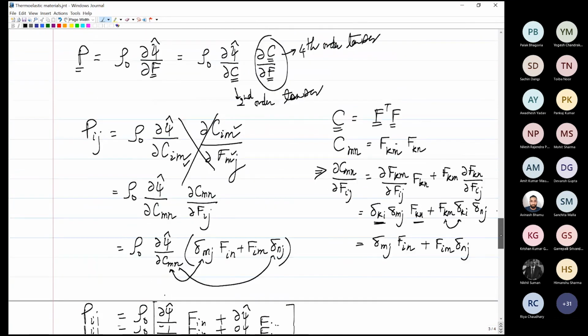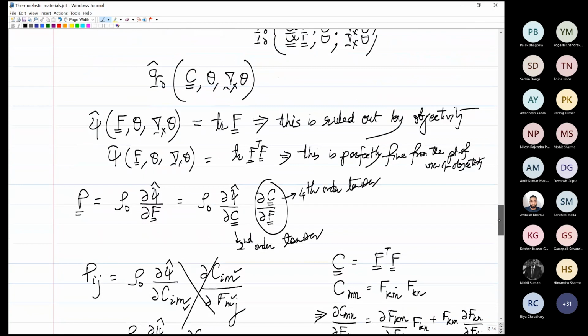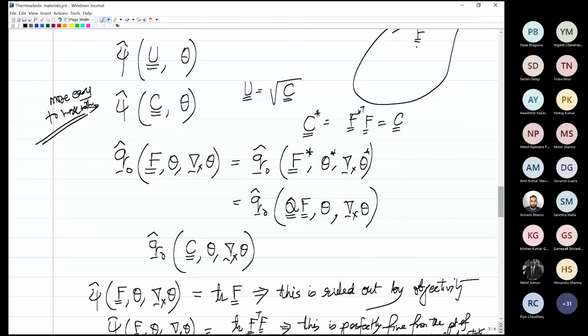It does not change when you go from Y to Y star, because it is in the referential configuration, so it remains. We had derived it actually. If you see the derivation, we have derived it. The actual heat flux vector Q does transform, but Q naught does not transform. Okay, sir. Thank you.